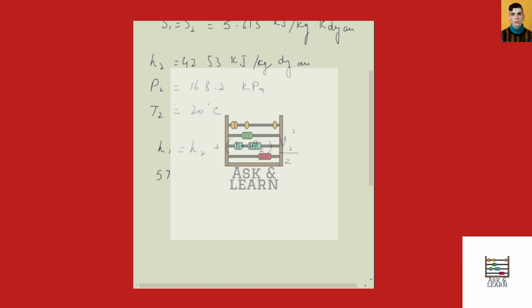Putting the values, 57.65 is equal to 42.53 plus (1 plus 0.008803) into V2 squared divided by 2, and here by resolving the equation we will obtain 73.2 meter per second. This is the velocity of air at exit.